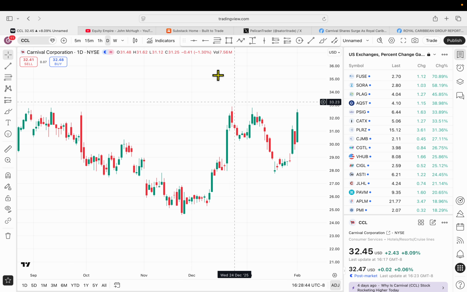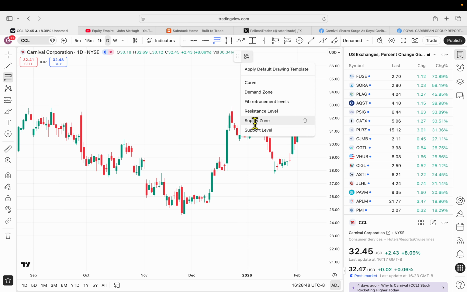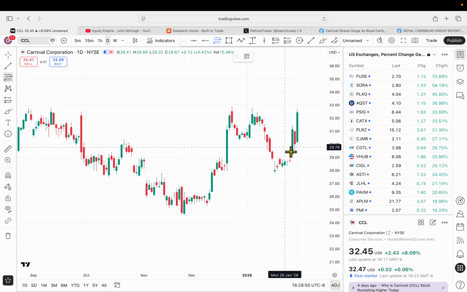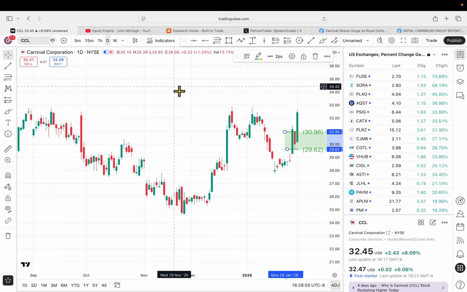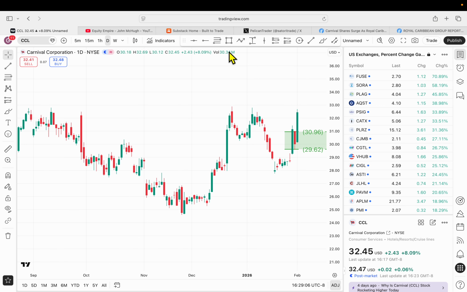So what I'm going to do next is go look for a couple support levels. And there is a support level right here in the 30.96 to 29.62 price range. So what we'd be thinking about doing here, actually I'll set up the trade considerations in just a moment. Before I do that, I'm going to go look for another support level.